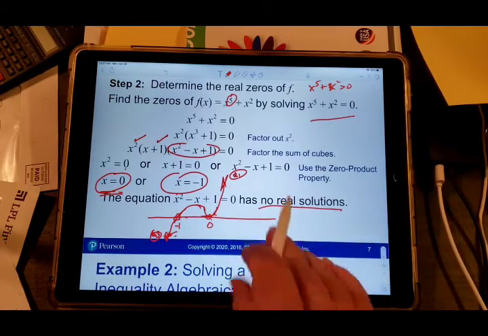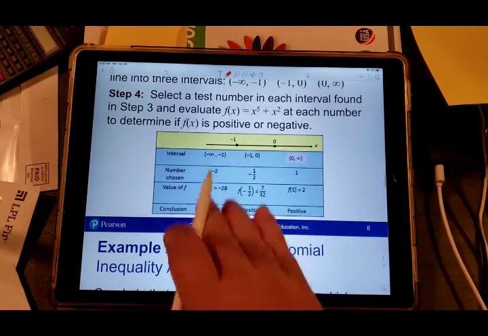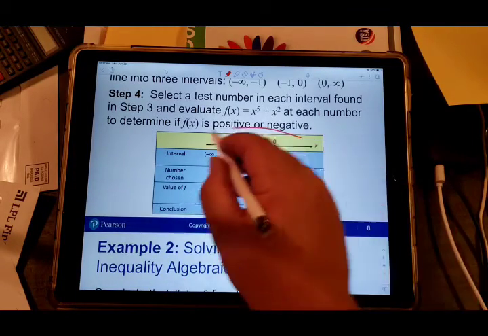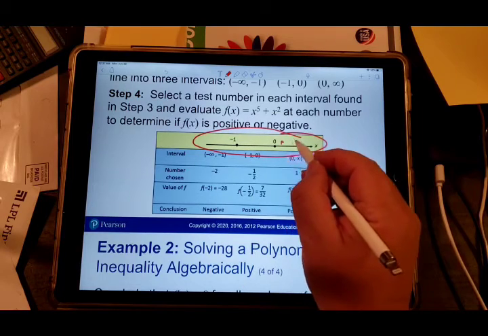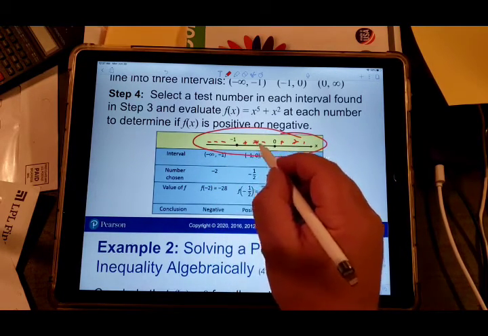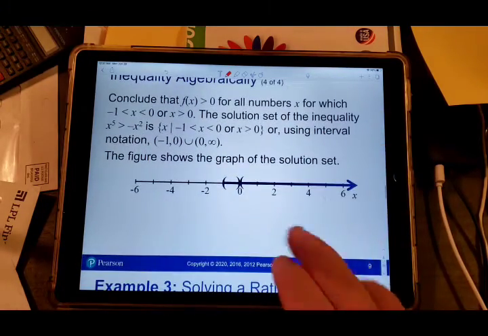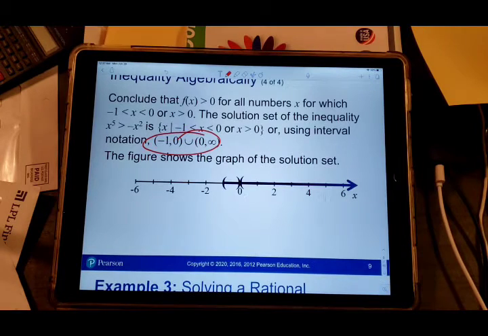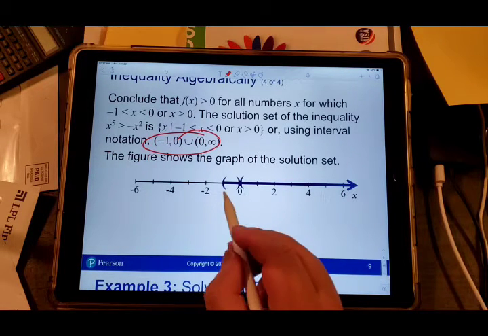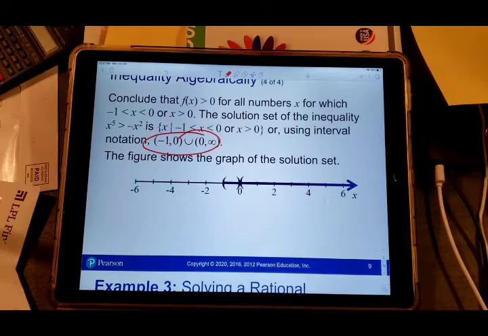Kind of the same old story, but the author went through a little more, did draw the number line, didn't really do the signs on the number line, but essentially got that. And yeah, gave us the intervals that we kind of expected on this one.